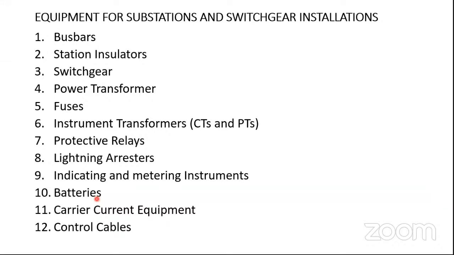The carrier current equipment is installed in a substation for communication, relaying, telemetry, or for supervisory control. This equipment is suitably mounted in a room known as the carrier room, connected to the high voltage power circuit.